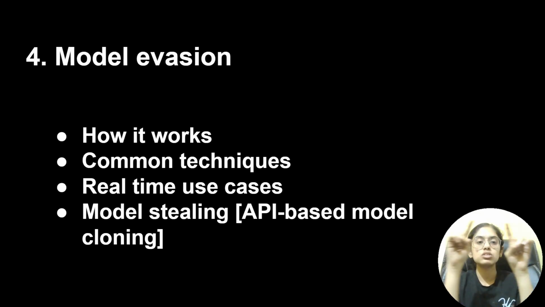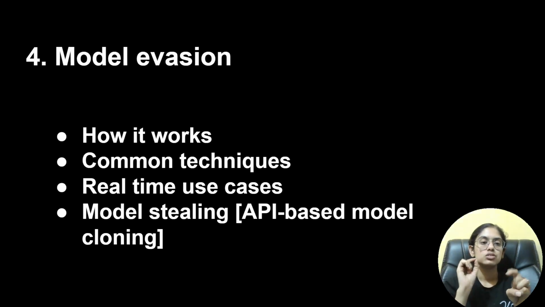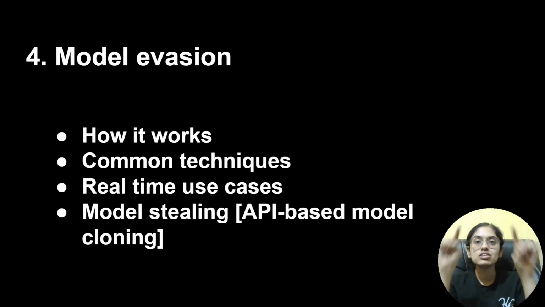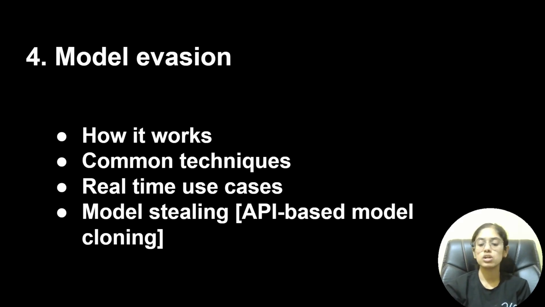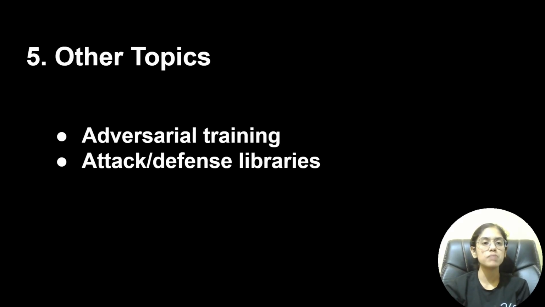For example, on a stop sign, you will add some white patches, so the model can't detect that it is a stop sign. Okay. Model stealing is another thing, where API-based model cloning techniques will come.